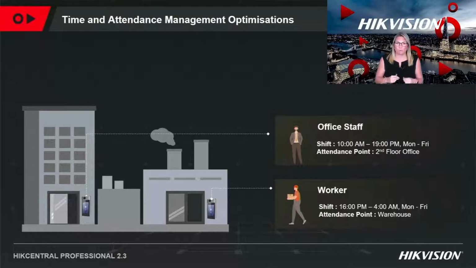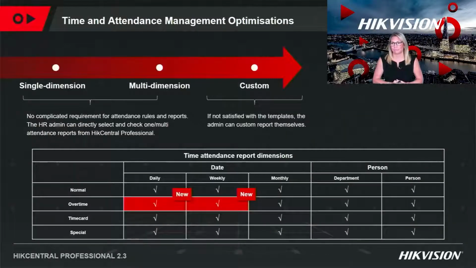However, we've just added a few more parameters so that we can say Group 1 can go to MIMO 1 and Group 2 can go to the other facial recognition reader, whereas before you couldn't do that with the authentication. We've also added a couple of reports, so overtime, daily and weekly reports too.